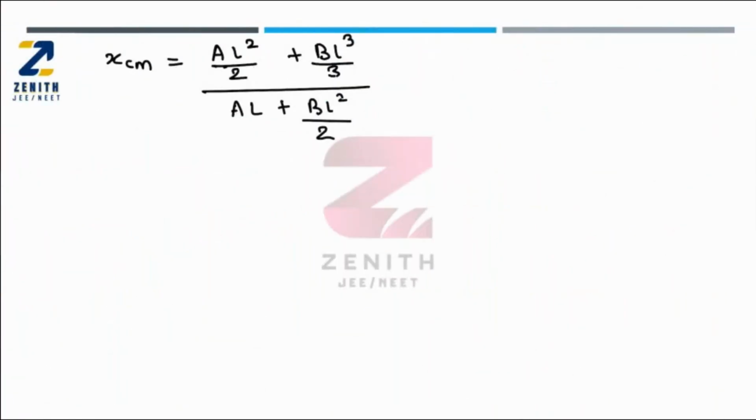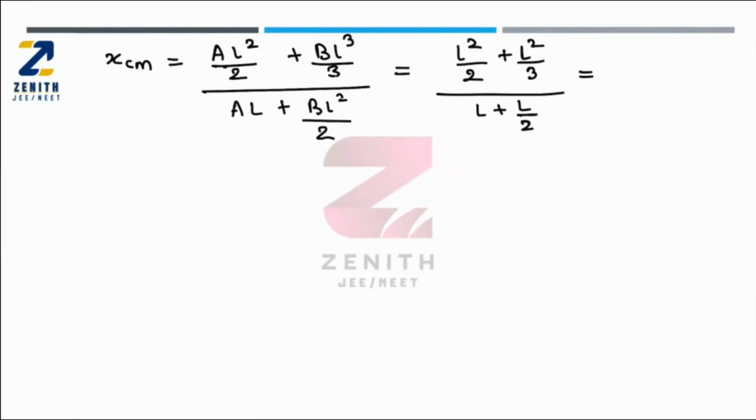If you take a plus bL common from numerator and denominator, you will get L square by 2 plus L cube by 3... let me check this. Yeah, this is L square by 3. Similarly, here it will become L plus L by 2. So I have taken a plus bL common from numerator and denominator, and you are left with this particular expression.